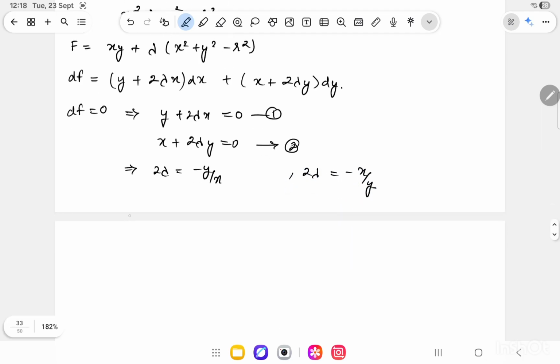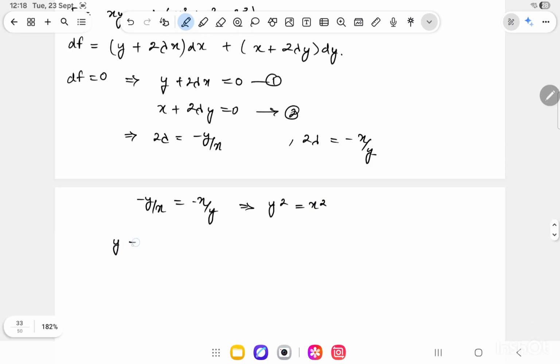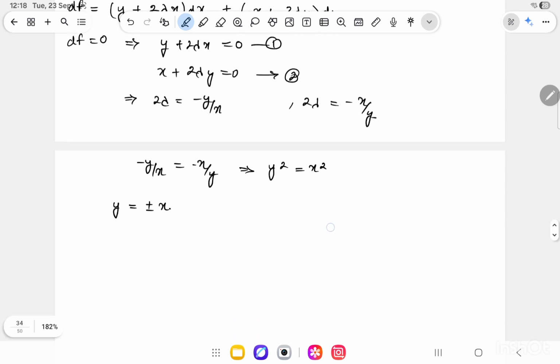Now if I equate these two values of 2 lambda, I'll get minus y by x equals minus x by y. That basically gives me y square equals x square. So from here I'll get y as plus minus x. So this is the relation, and we also have the relation x square plus y square equals r square.